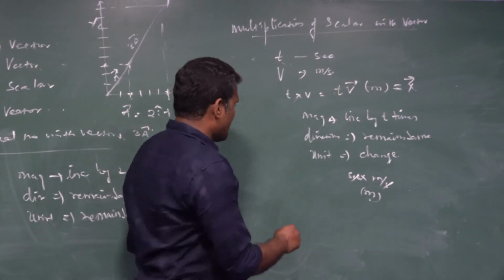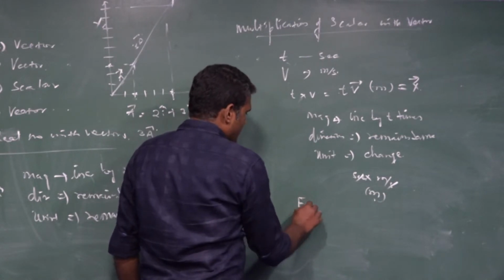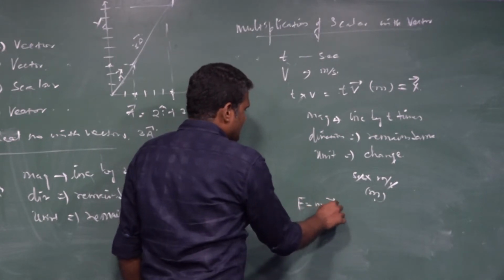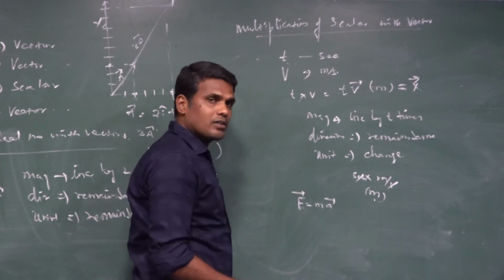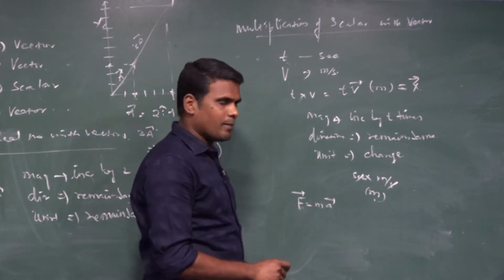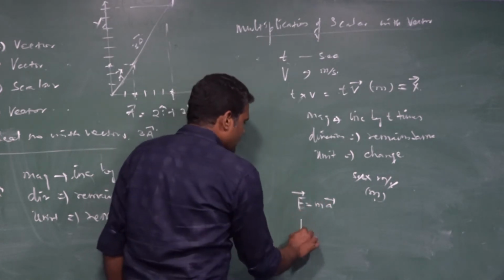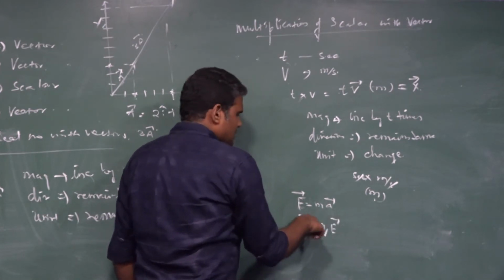I can give you an example here. If I write F is equal to ma, mass is a scalar quantity, acceleration is a vector quantity, and force is also a vector quantity. So a scalar multiplied with a vector gives you a vector. Also, you can write F is equal to qE. There is a difference here.